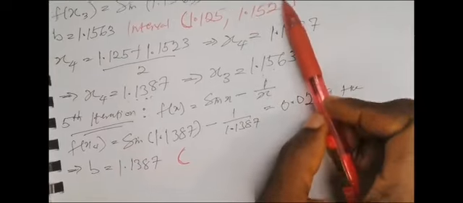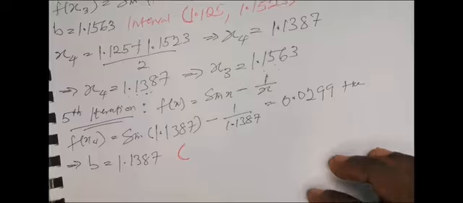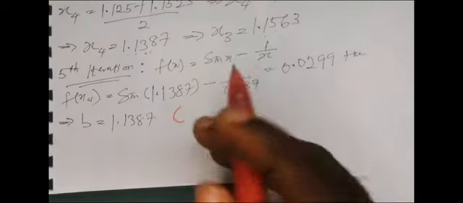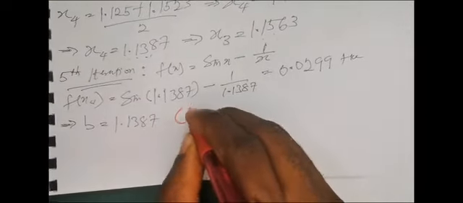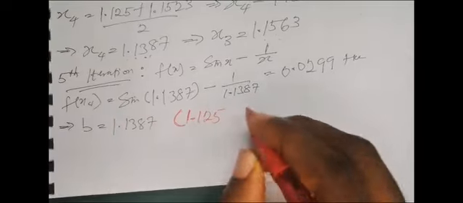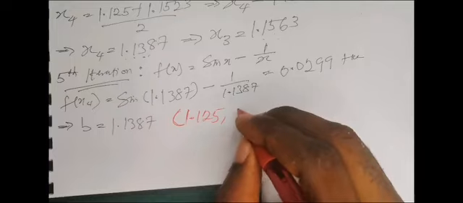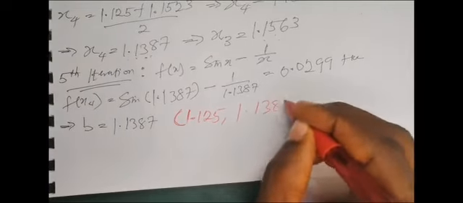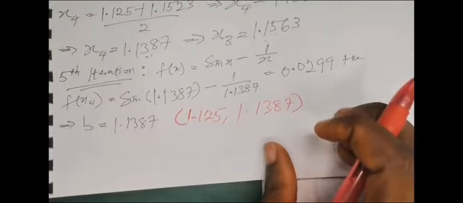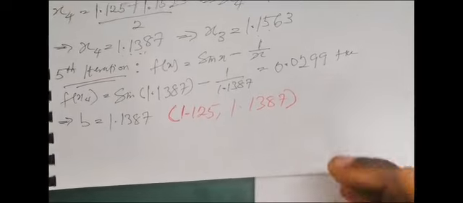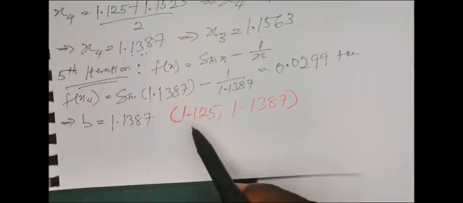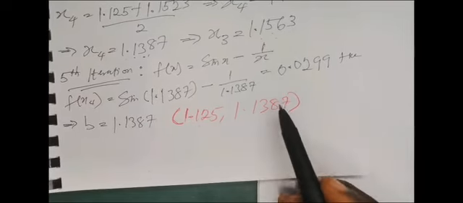Now we are changing b. So the new interval becomes: a remains 1.125, but now b is simply 1.1387. Which means the root of the equation now lies between these 2 points.